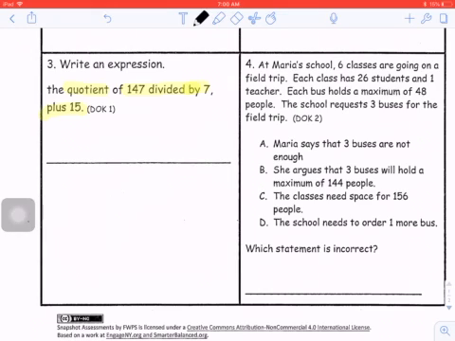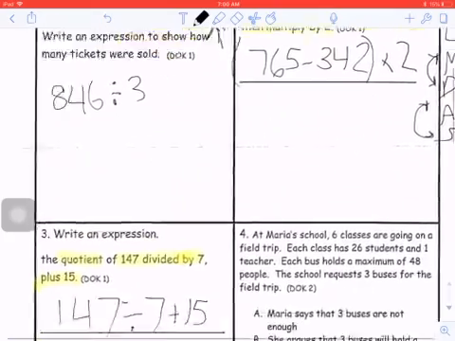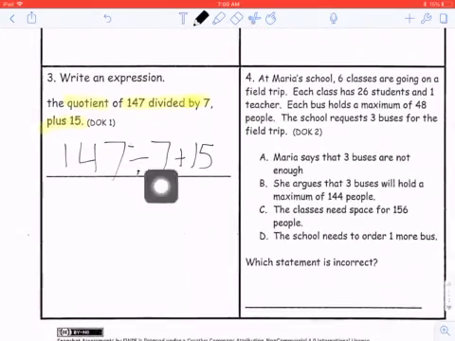So, 147 divided by 7 plus 15, okay? Technically, you could still put these in parentheses and it wouldn't make it wrong, but with our order of operations, since division happens before addition and subtraction anyway, that does not matter.